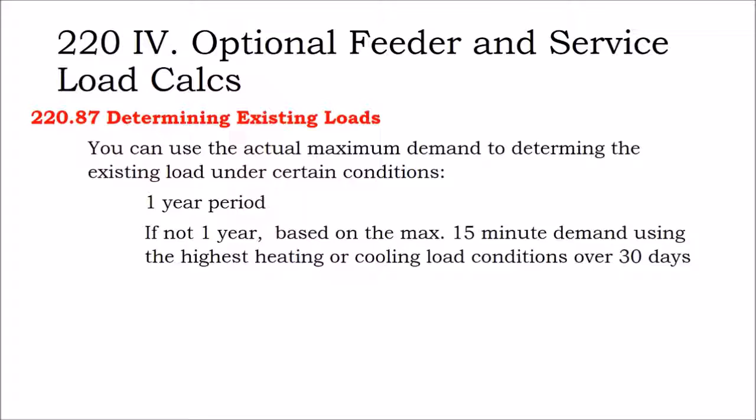Where this is relevant to on-site power systems is sometimes your utility will establish a maximum size that you are allowed to interconnect to the grid based on your 1 year load usage.